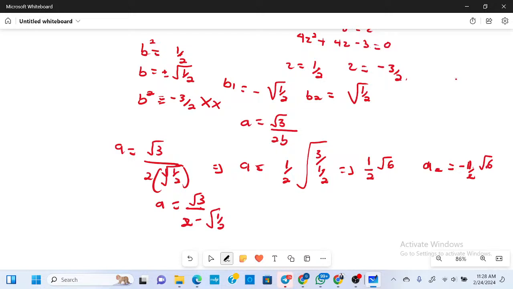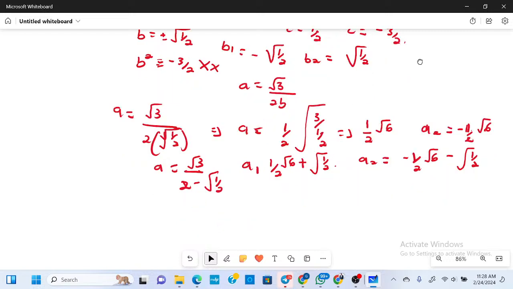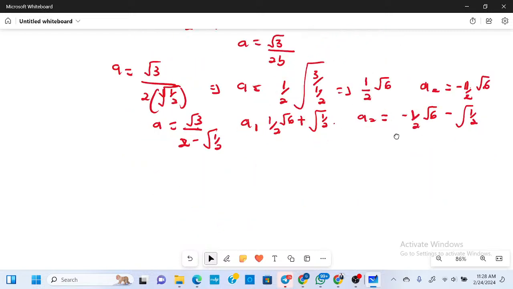So my a, I'll take the positive side, that is half root 6 plus half under the square root like this. Then my a2 will simply be equal to negative half root 6 minus root of half, and that gives us the values for the square root of the expression 1 plus i root 3.